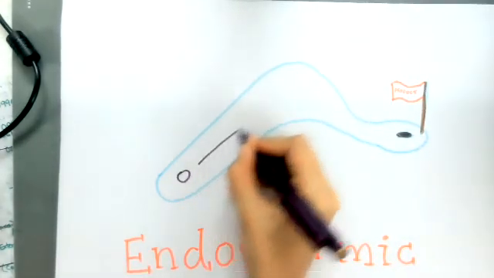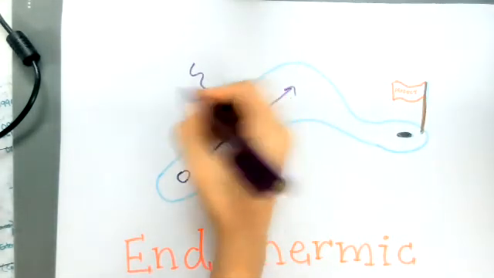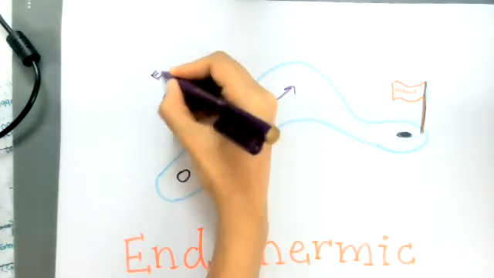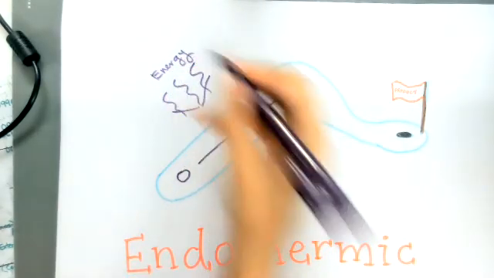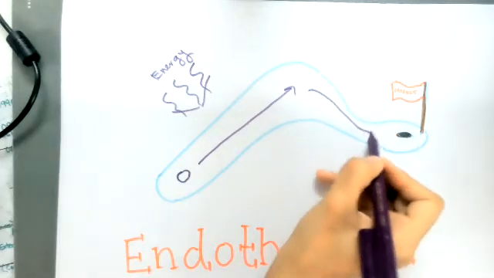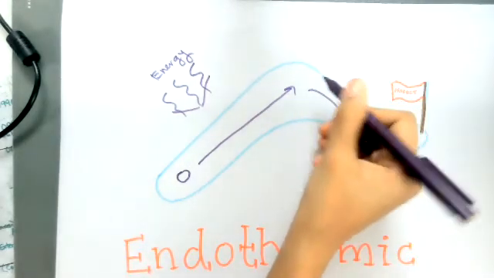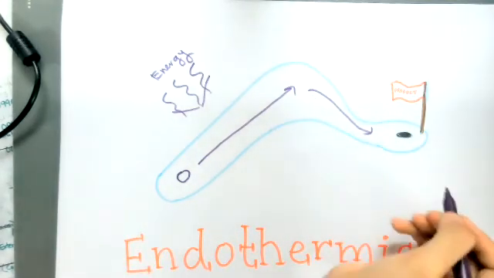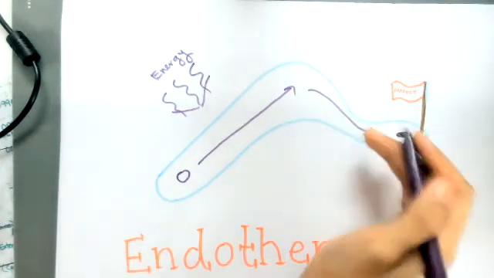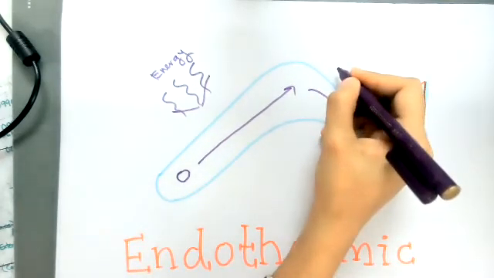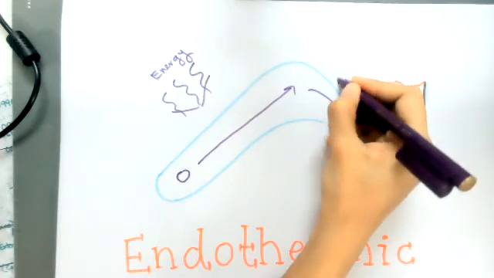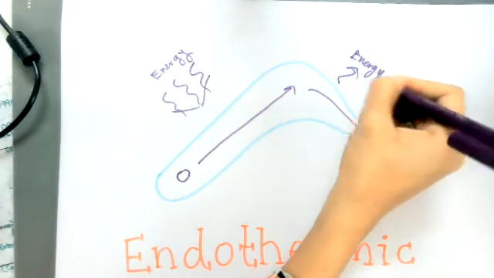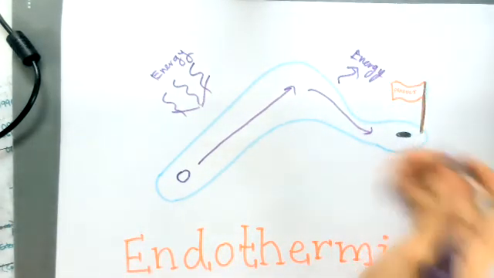You have to give it a lot of energy, so a lot of energy is being taken in. And then it just has to go down this small hill. It was a big rise, but the descent is less steep, so less energy is given out. And we have our product formed.